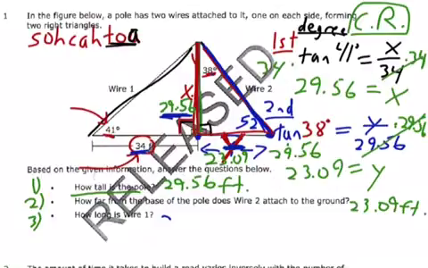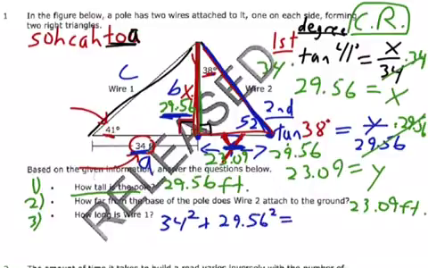So I'm going to do 34 squared, so this is like my A, that is my B, and then this is my C. So 34 squared plus 29.56 squared equals C squared for wire 1.